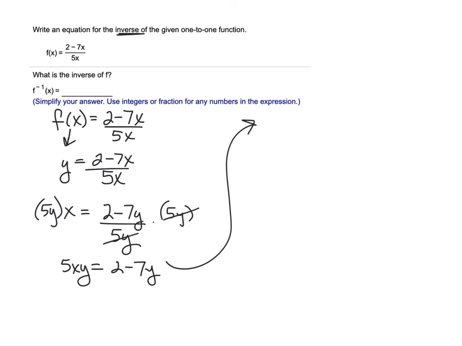Okay, so now let's see, we're solving for y, right? Okay, so let's get all of our y's on one side of the equation. So I'm going to add 7y to the other side. So 5xy, that'd be plus 7y, equals 2. Just, you want to isolate your y's together. Once you get them on the same side, now you can factor out a common y.